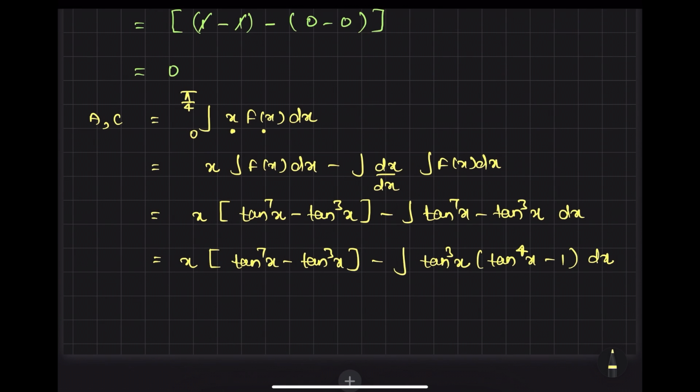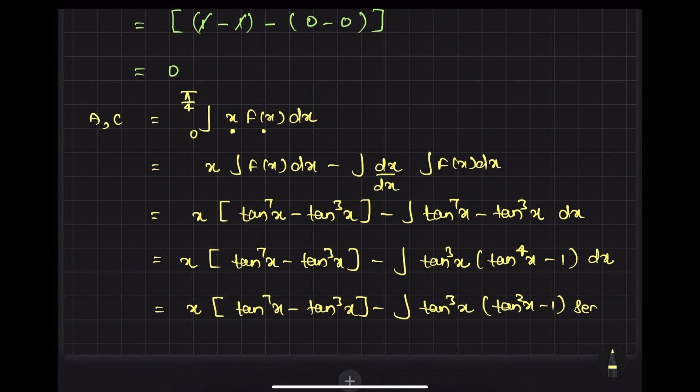That thing will represent sec square x. Correct? So x times tan power 7x minus tan power 3x, minus tan power 3x, and then tan square x minus 1, and then tan square x plus 1, which is sec square x dx.